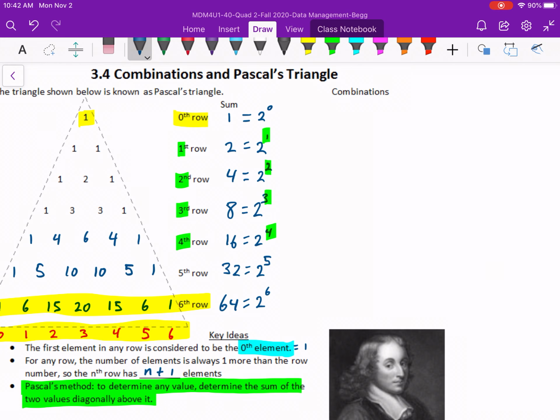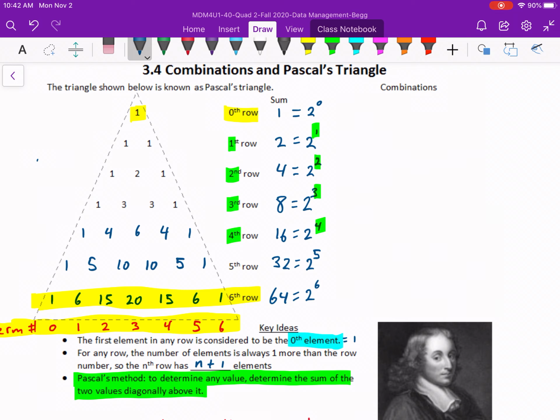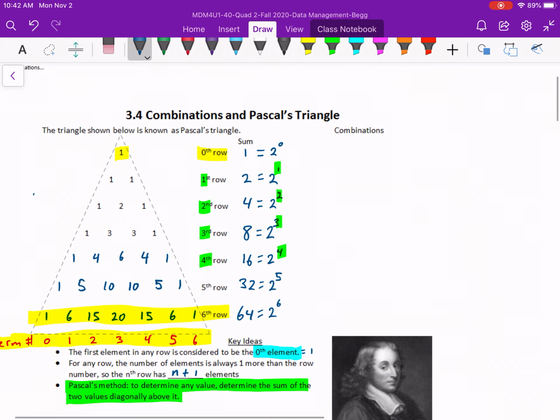Now we have one other thing that we can tie Pascal's triangle together with, combinations. Remember, we've seen these numbers n and r before, so n is the row number, and r is the term number.